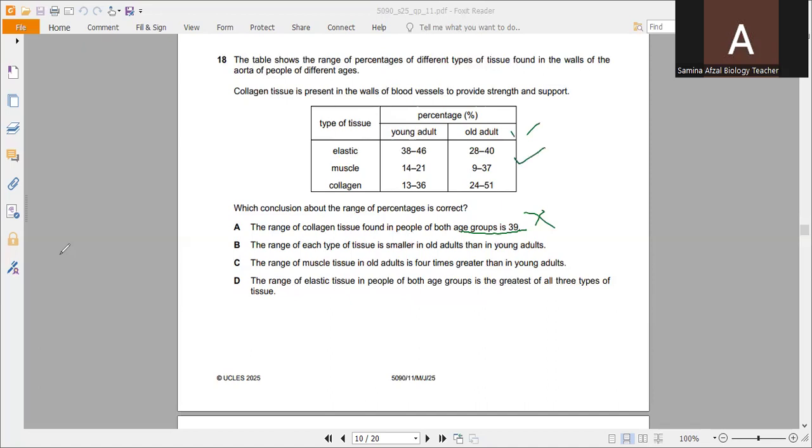The range is greater in comparison to young age. So again, this is not the correct option. The range of muscle tissue in old cells is 4 times greater than in the young cells. The range of muscle tissue, you can see 9 to 37 and 14 to 21. So it is greater.